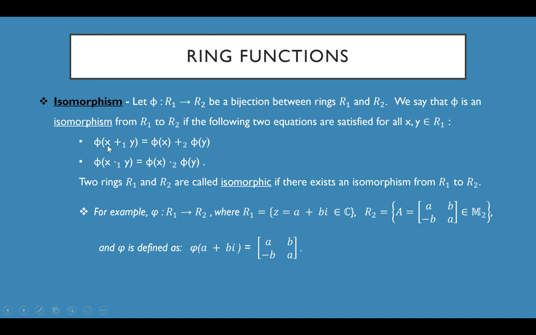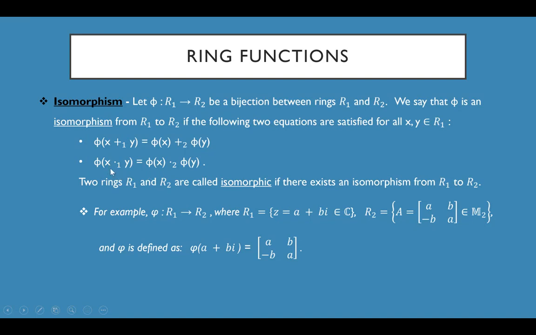If we take two elements of our first ring and add them using addition as defined by the first ring and apply our function, it's going to be equivalent to applying the function to each element first and then adding with addition as defined by ring 2.